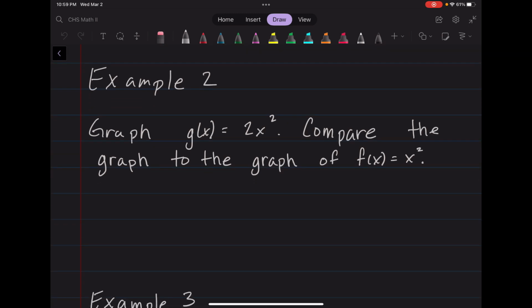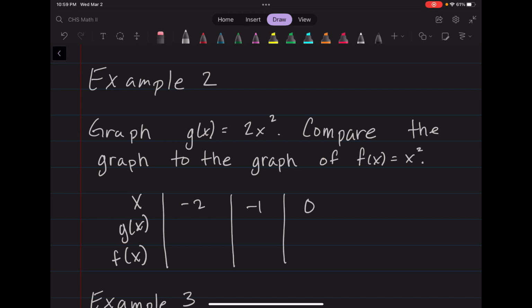We'll call this x, and we'll do g of x, and then f of x. We'll go from -2, -1, 0, 1, and 2.